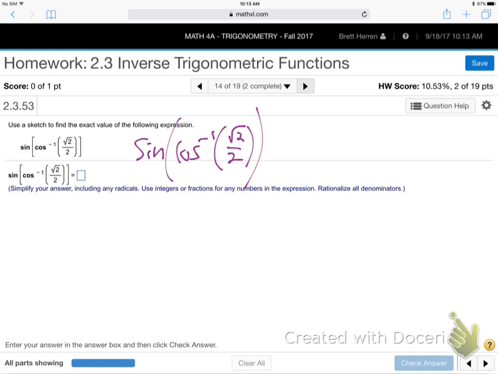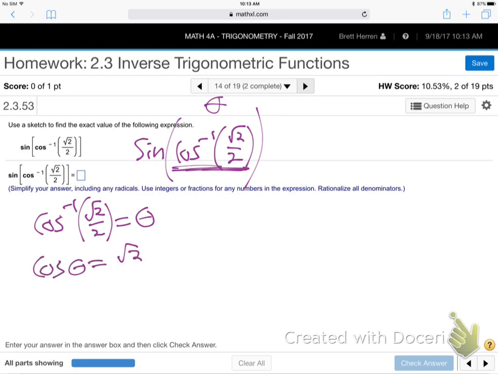So what do I mean? So call all of this theta. Cosine inverse is theta, right? Which means cosine of theta is root 2 over 2.